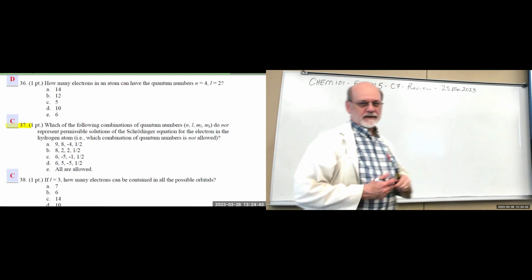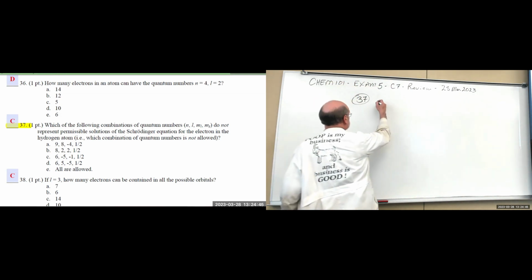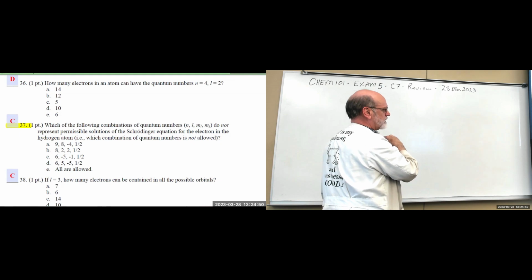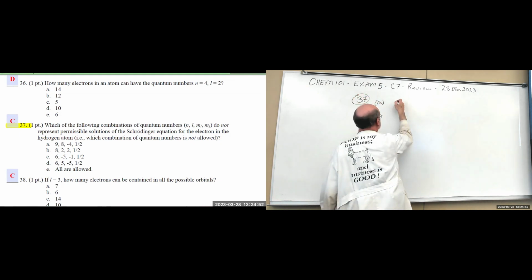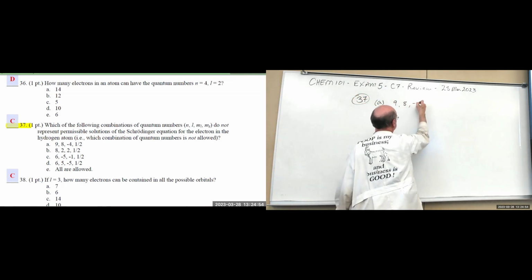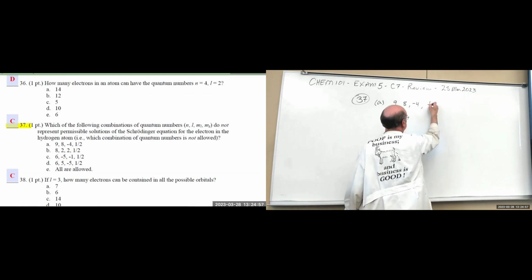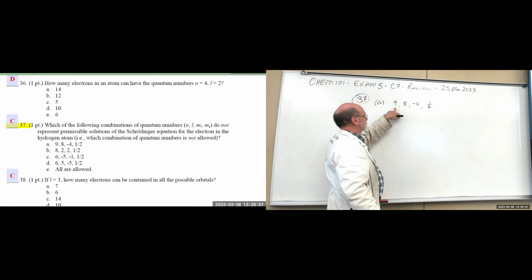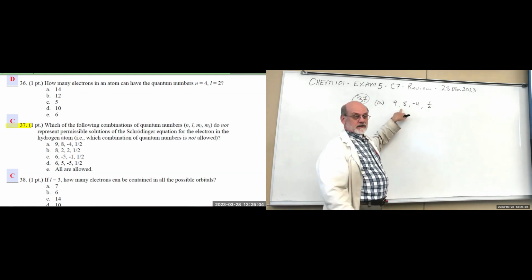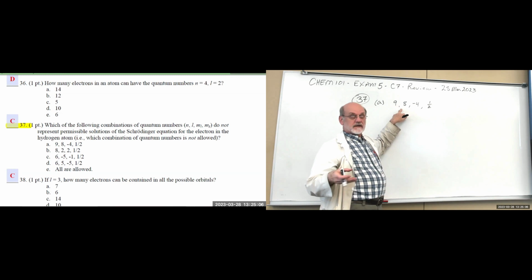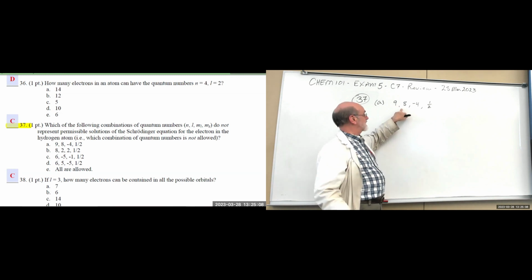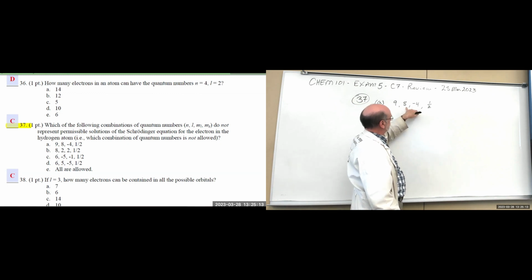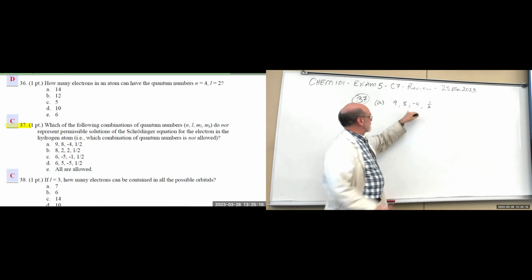For A, 9, 8, -4, +1/2. n is 9, so l could be 0 through 8. That's true. And if we have 8, can we have -4? Yeah. So this one's okay.